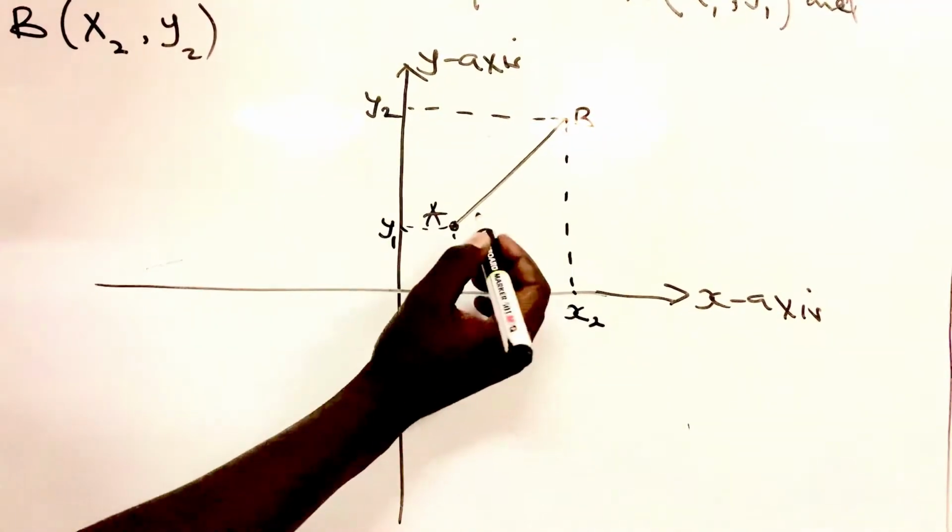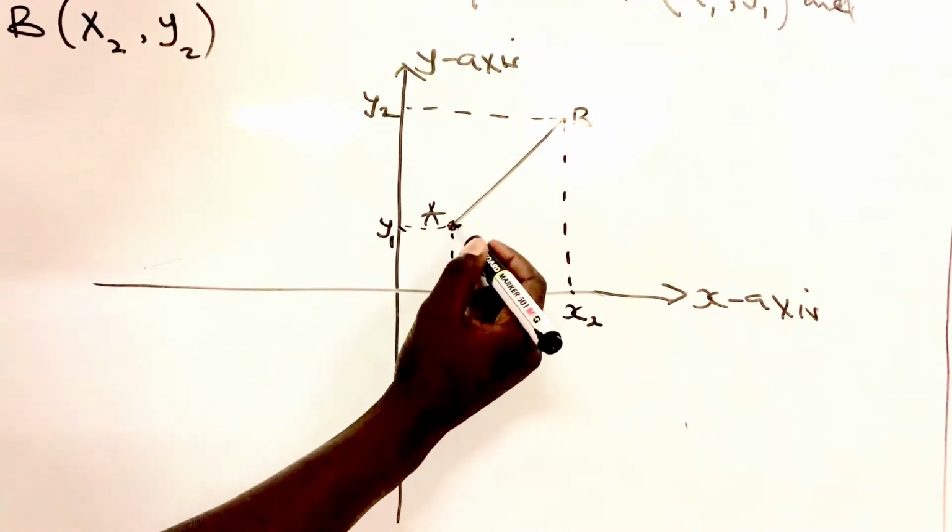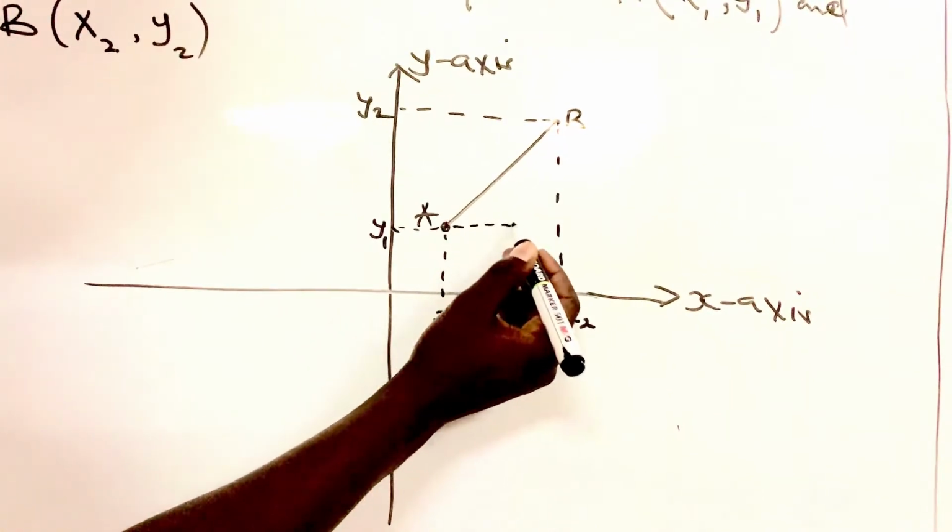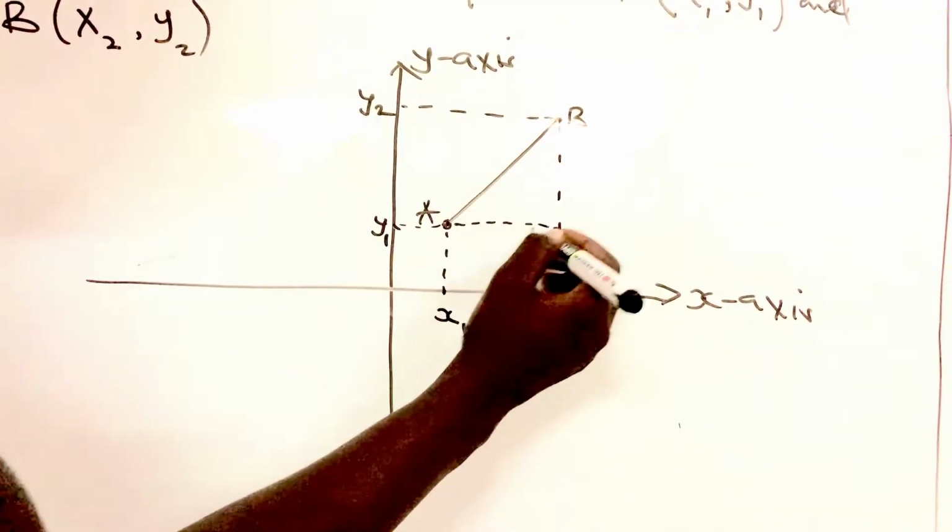You'll come to realize that this line forms something which is like a right-angled triangle.